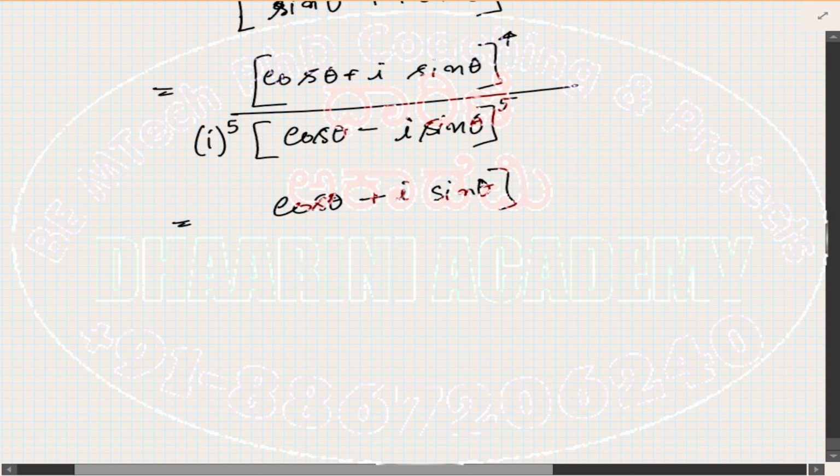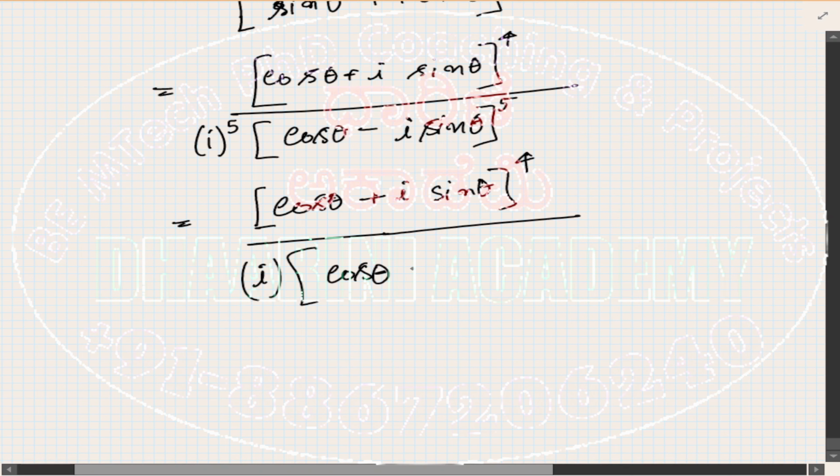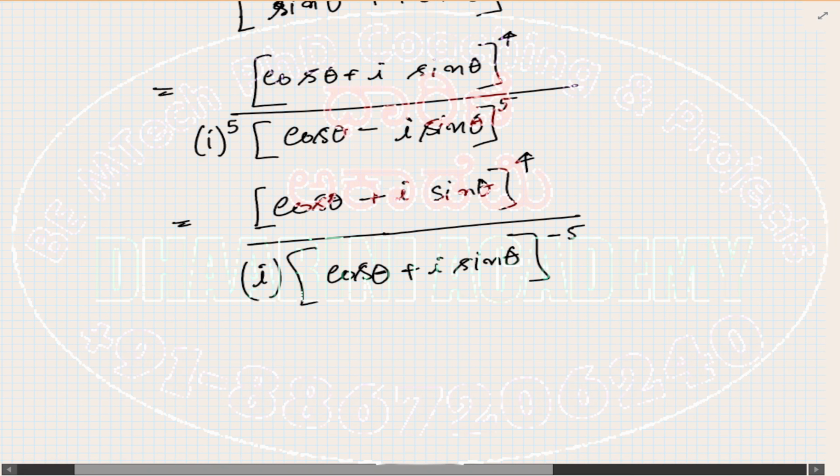I to the power 5 is what? I square, I cube, I to the 4 is going to be same as I to the 0. Then I to the 5 is equal to simply I. We know the property of I, so using that I am writing this. Now cos theta minus I sin theta can be written as cos theta plus I sin theta to the power minus 5.